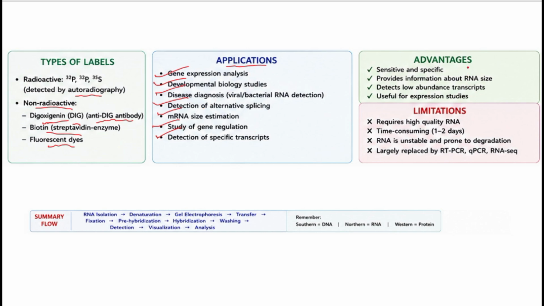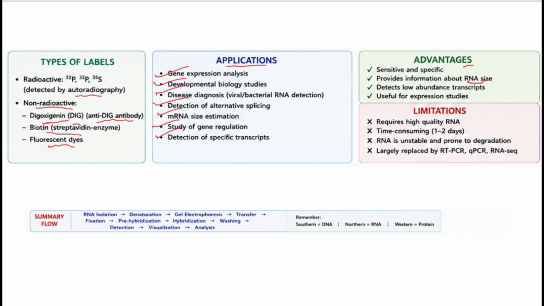So what are the advantages of it? The advantage is that it is sensitive and specific, because we are using probes accordingly. The probes which are present will be specific to certain sequences. It also provides information about the RNA size.